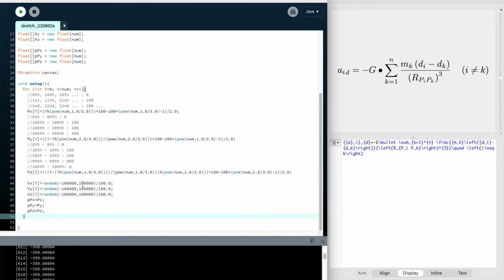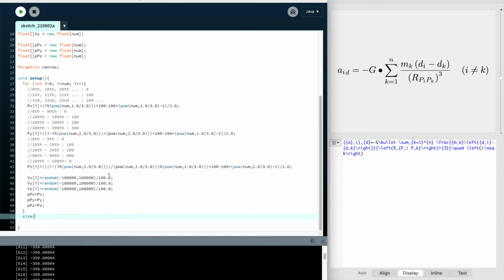And then that's going to be the end of our for loop. Then I just give the size of the simulation, so the size of the window I'm going to be using.